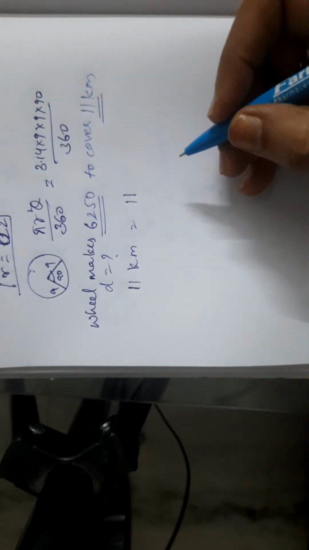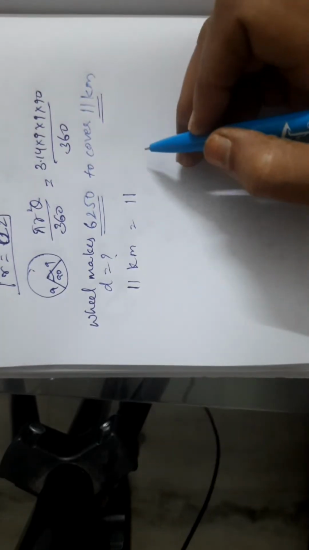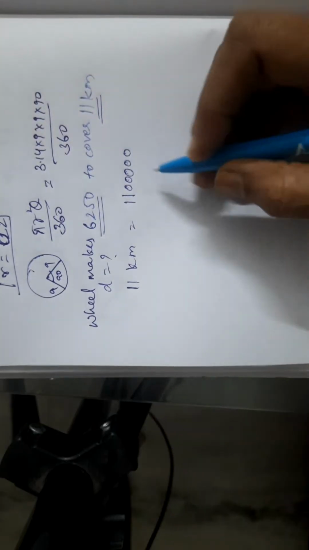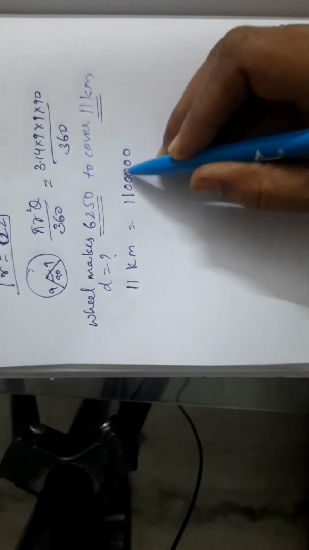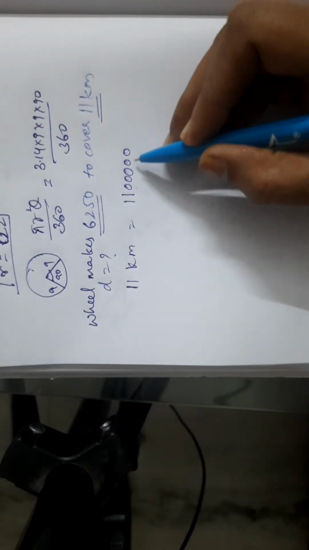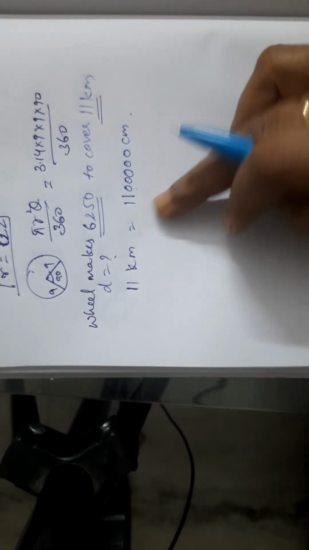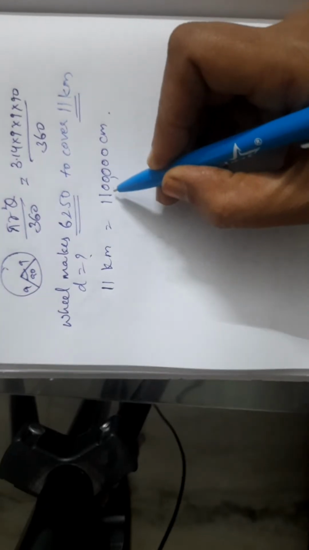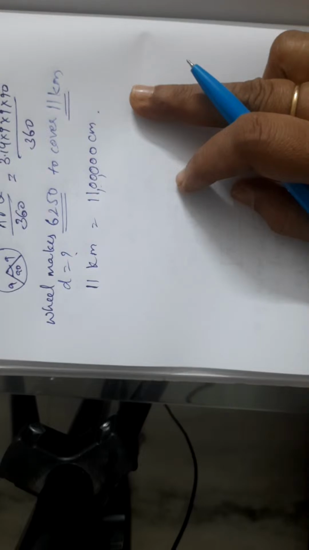If you recall back in yesterday's class, I explained if we convert kilometer to centimeter, we need to use total 5 zeros, that is 3 zeros to convert kilometer to meter, and to convert meter to centimeter, 2 more zeros. So thus it is 11 lakh centimeter.